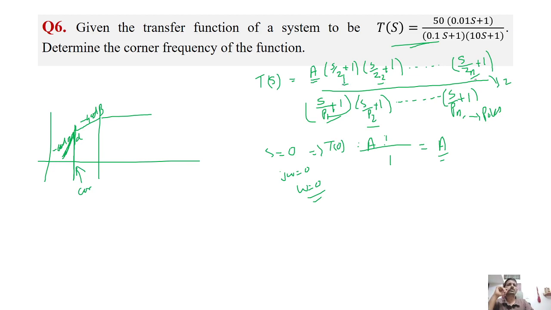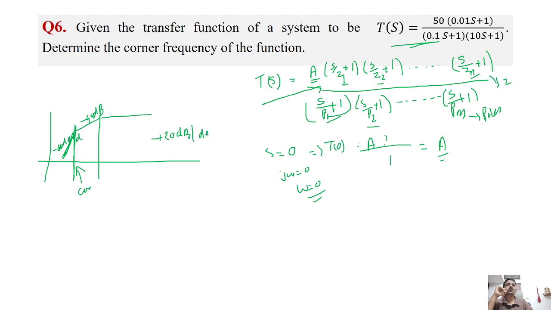For example, this Z1, Z2, Zn, P1, P2, etc. Pm are known as the corner frequencies; though they are zeros and poles, they are the corner frequencies at which the system behaves in a particular manner. For example, if the corner frequency is happening at Z1, the roll off will be plus 20 dB, right? Plus 20 dB. I think you would have gone through the lecture.